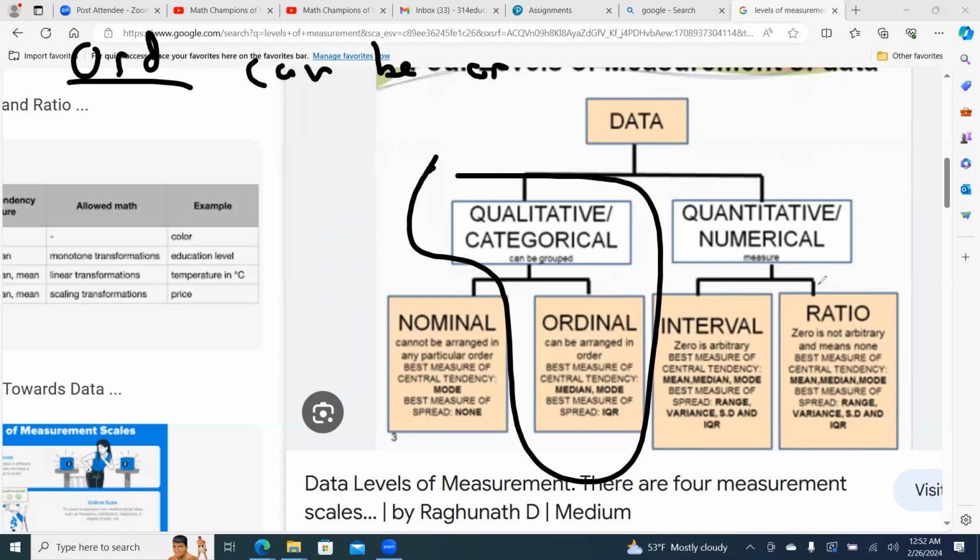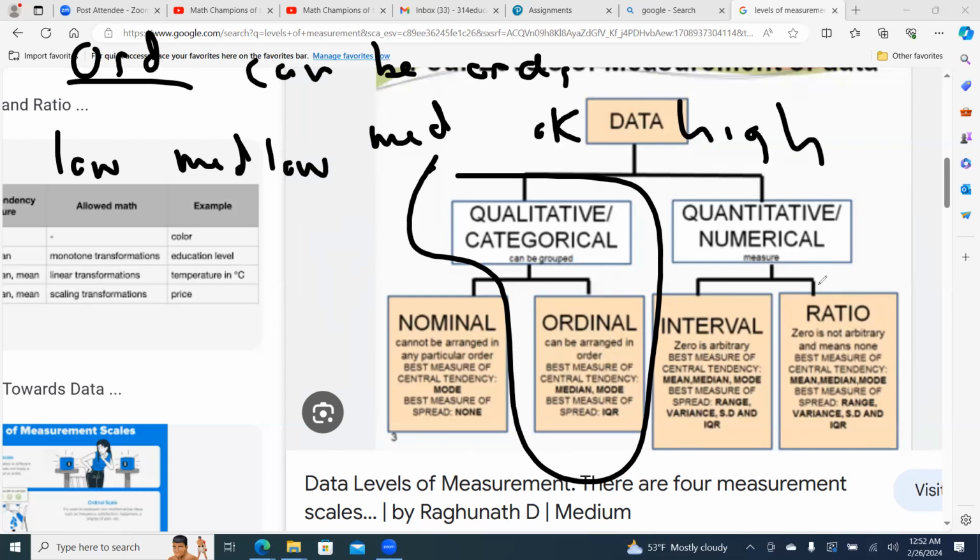But what is an example? If we're grading the professor at the end of a class, or maybe grading a website or somebody's service, they have low to medium to okay to high, and you have to rank their things.